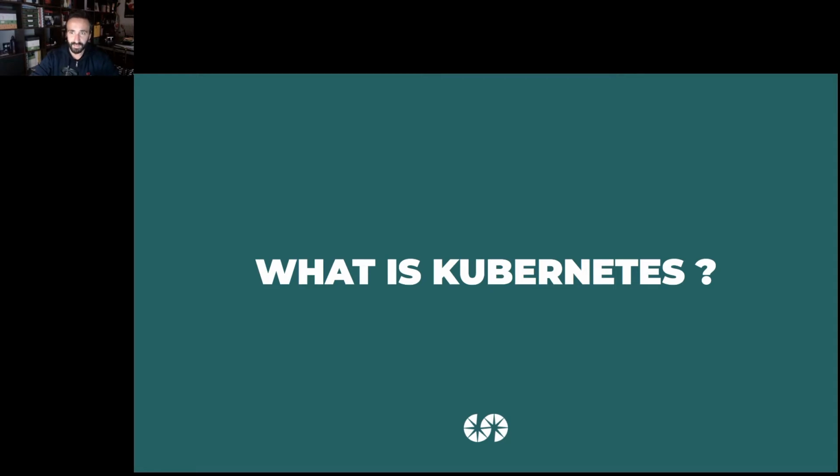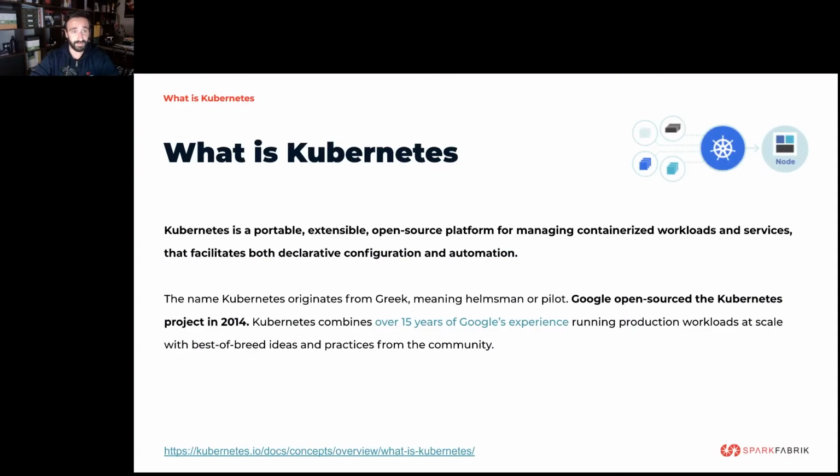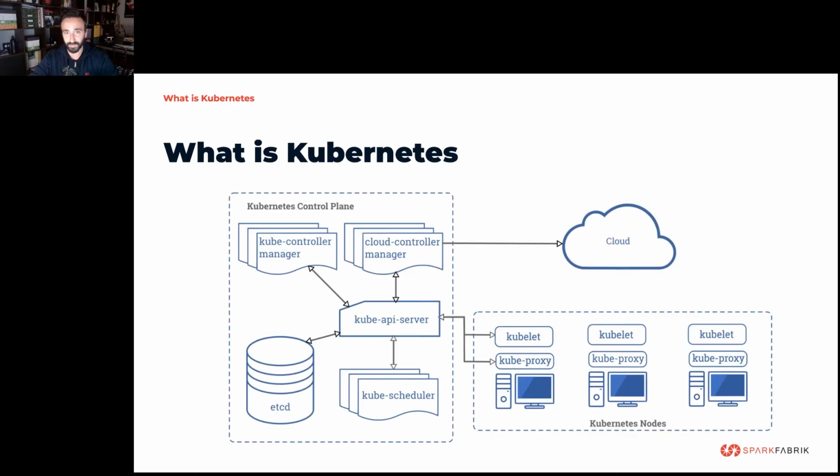So before digging more into the serverless concept applied to Kubernetes, I want to be sure that every one of us shares the same overview of what Kubernetes is. It's a system to manage containers in a cluster, created by Google based on an internal project called Borg. As we can see on this diagram, Kubernetes is composed of different components, and all the components we see here define what we call the control plane.